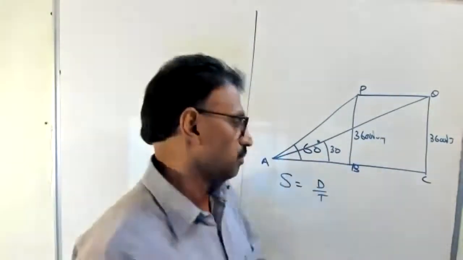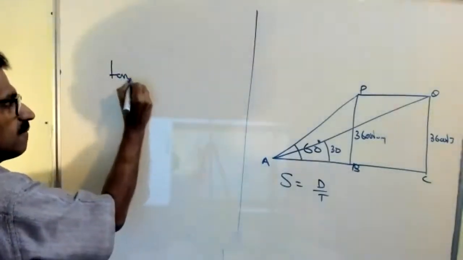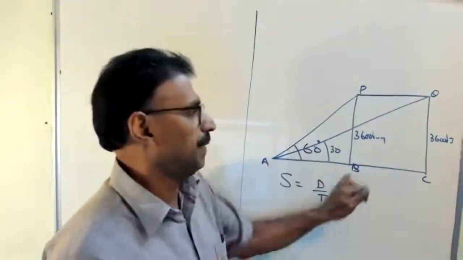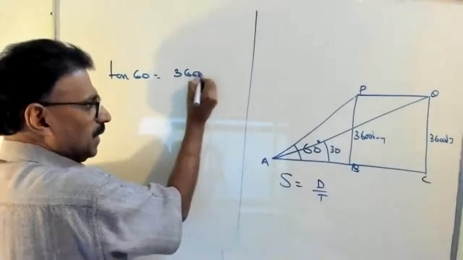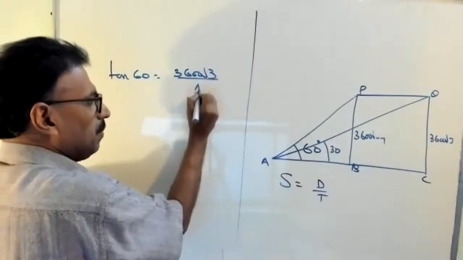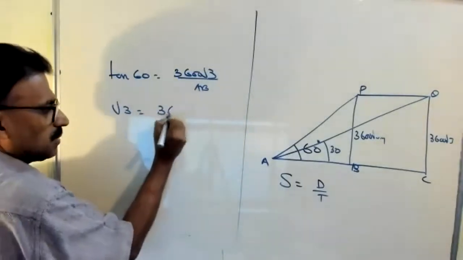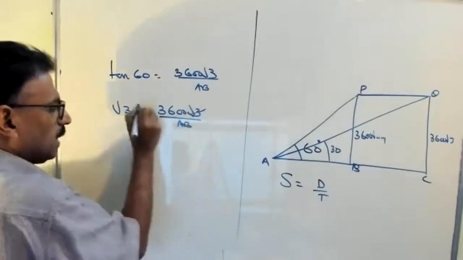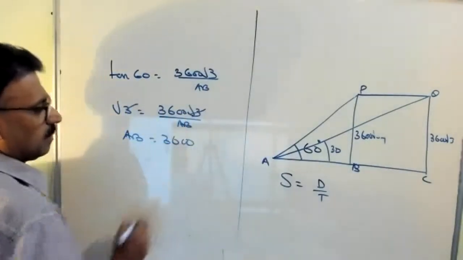Now, look at here. Tan 60 in triangle ABP is 3,600 root 3 divided by AB. So root 3 equals 3,600 root 3 by AB. Root 3 cancels, AB equals 3,600.